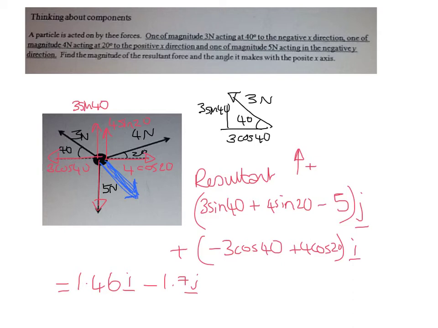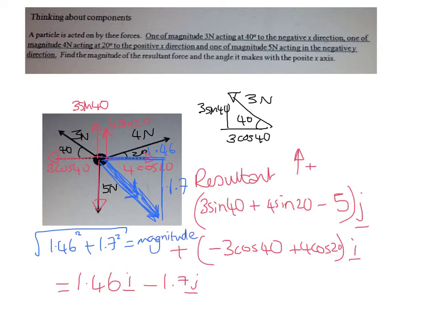Now we're asked what is the magnitude of the resultant force and the angle that it makes. We know that it's going across 1.46 and down 1.7. So the magnitude we can get using Pythagoras: 1.46 squared plus 1.7 squared, square rooted, is the magnitude. You can work that out yourself. And for the angle theta, tan theta is equal to 1.7 over 1.46.